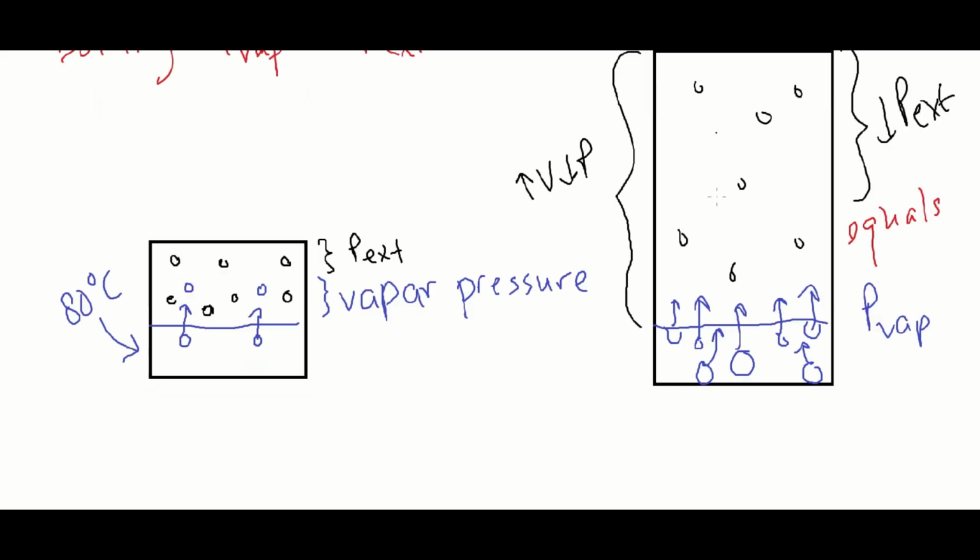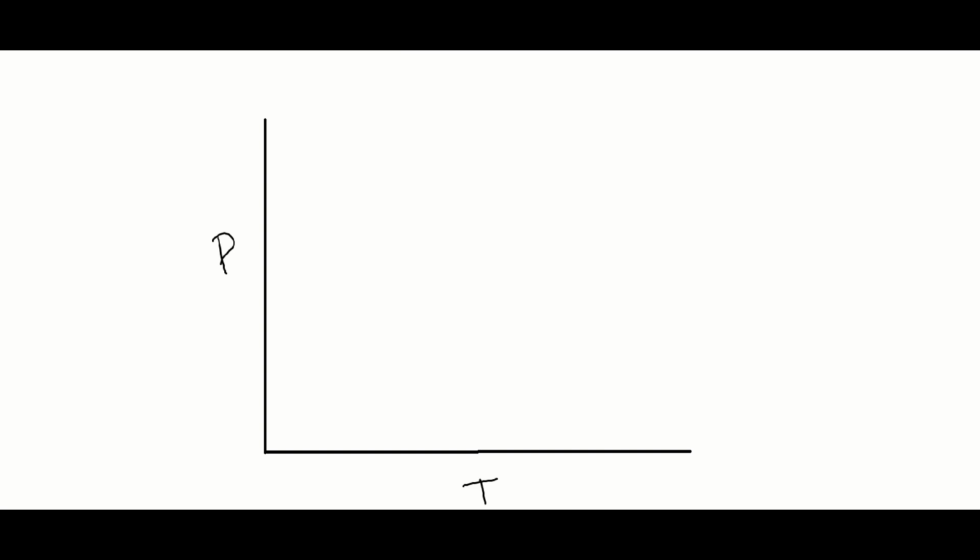Let's see how this might look on a phase diagram. A phase diagram relates the pressure of a substance to its temperature, and it's like a map on how to navigate the phases. Water's phase diagram looks something like this. There's a triple point, there's a solid-liquid equilibrium, there's the critical point, and we have our phases: solid, liquid, and vapor.